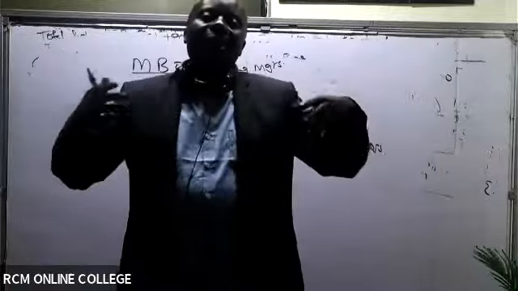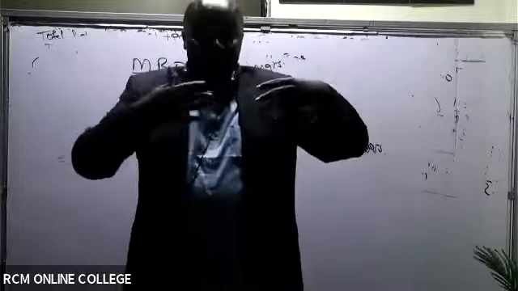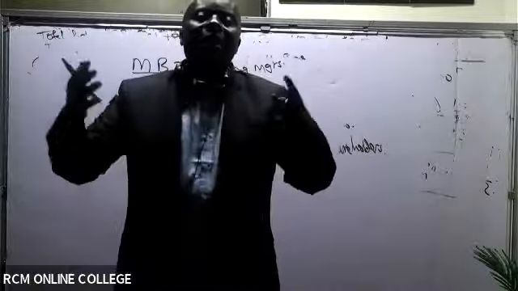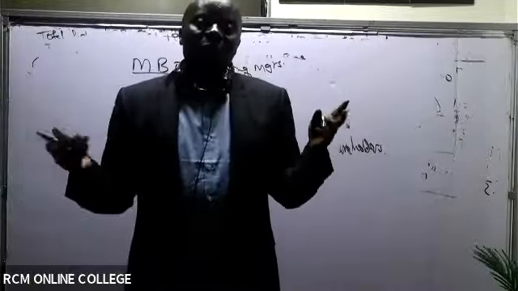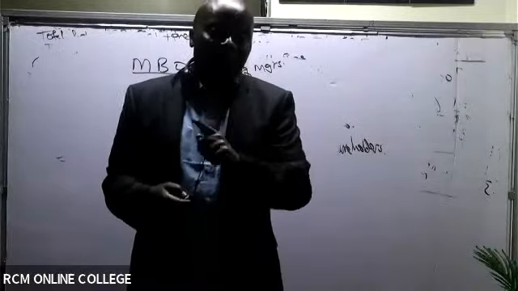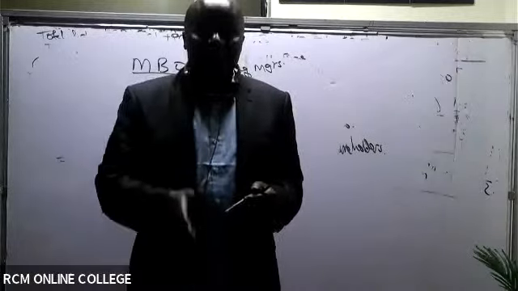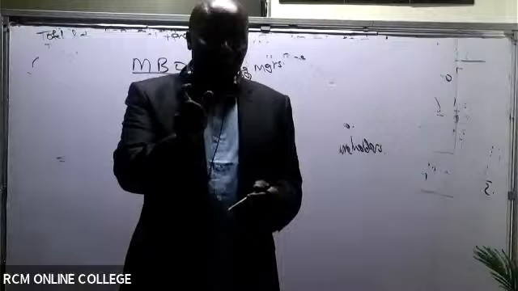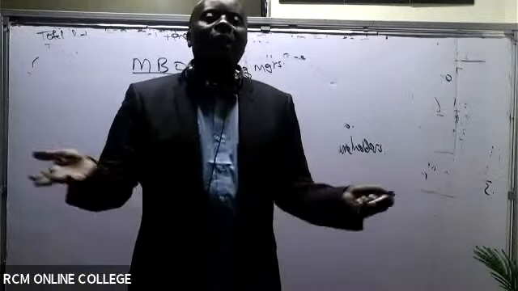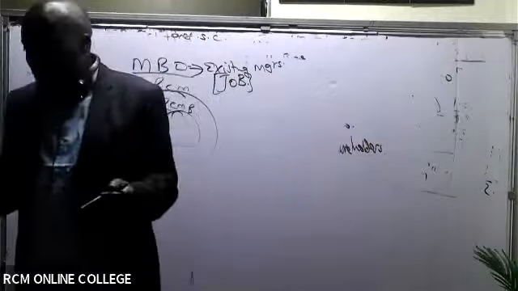So under a management buyout, it is existing managers buying out existing directors. Whenever you're asked a question about MBO, management buyout, always remember that it is existing managers who are able to buy shares of their company. If you just put it like that, you have all your marks.